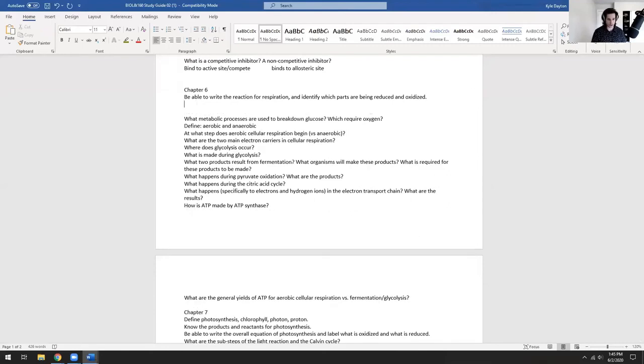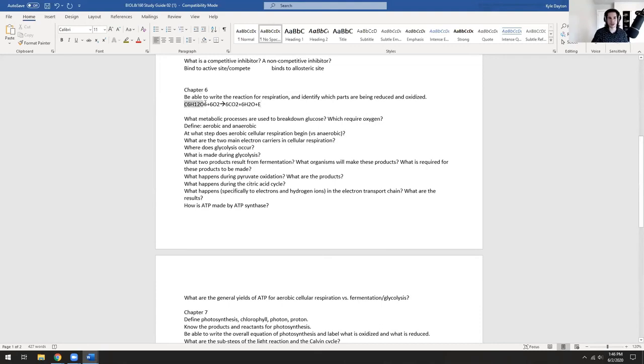So we'll put C6H12O6 plus 6O2 makes 6CO2 plus 6H2O plus energy, or ATP. I'll get specific here because I don't want to give you guys non-thorough info. So that's going to be cell respiration.